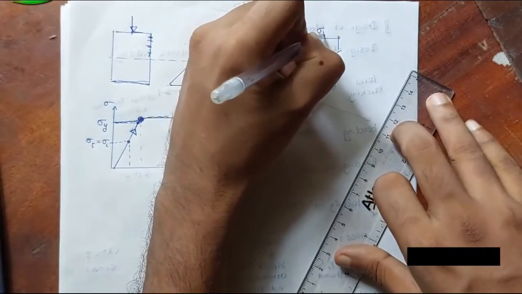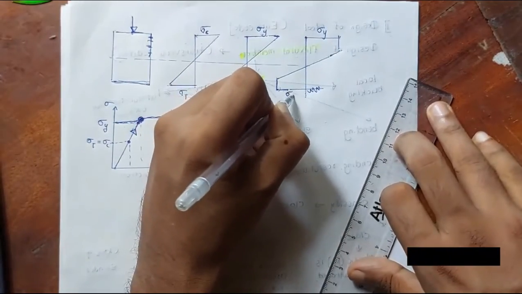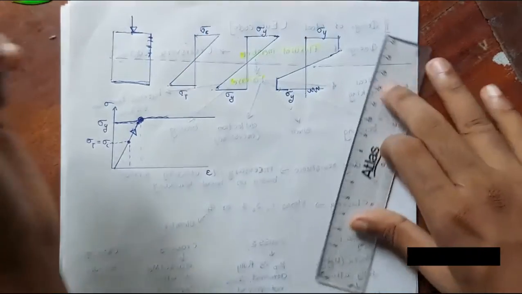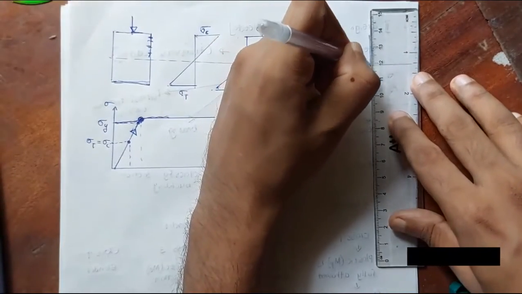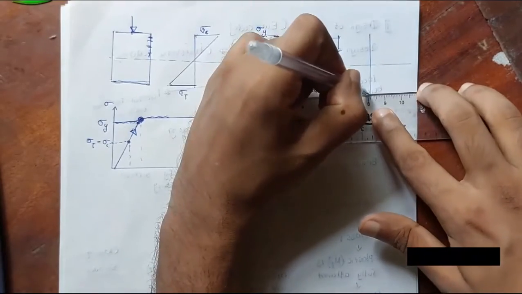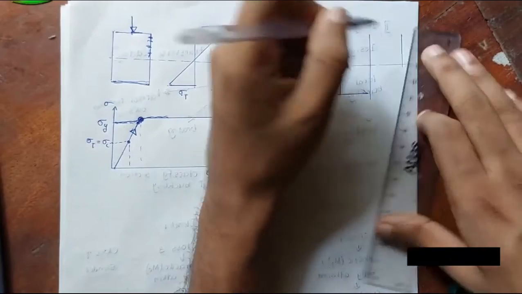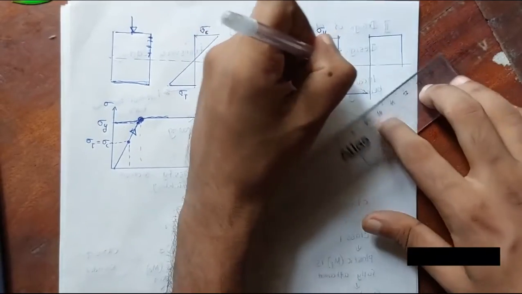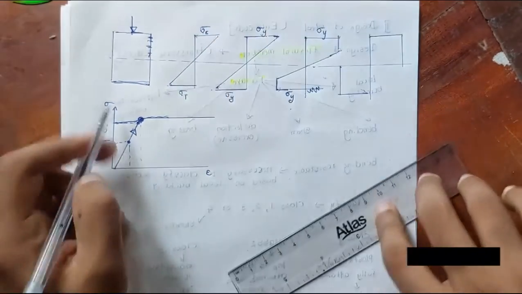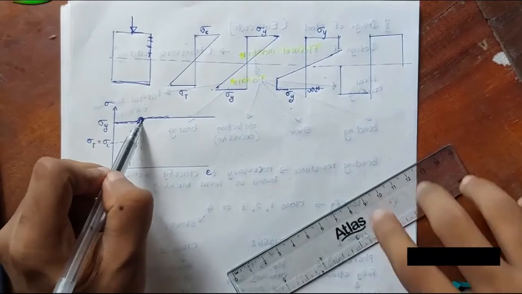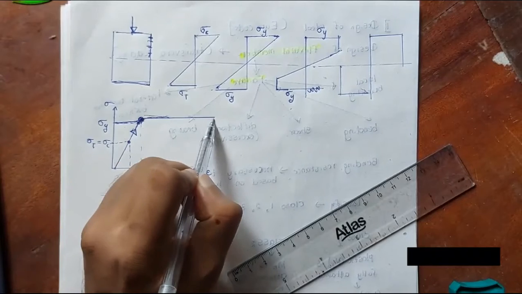So this is sigma y, and eventually all the fibers will reach sigma y, right? That is, yield stress, because the material can't go beyond yield strength, right? So after yielding, it will have a larger strain, right?